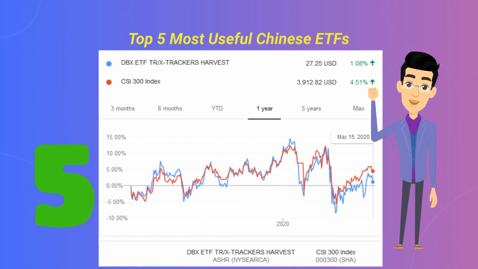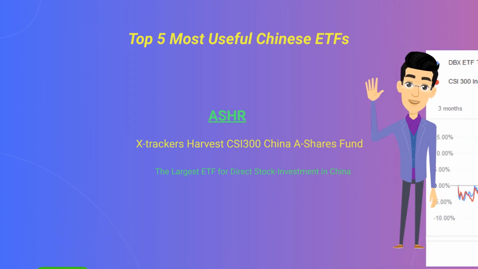As we have seen from the last episode, CSI 300 is the main stock index of China. So if you want to get full exposure to China, ASHR is an excellent choice.